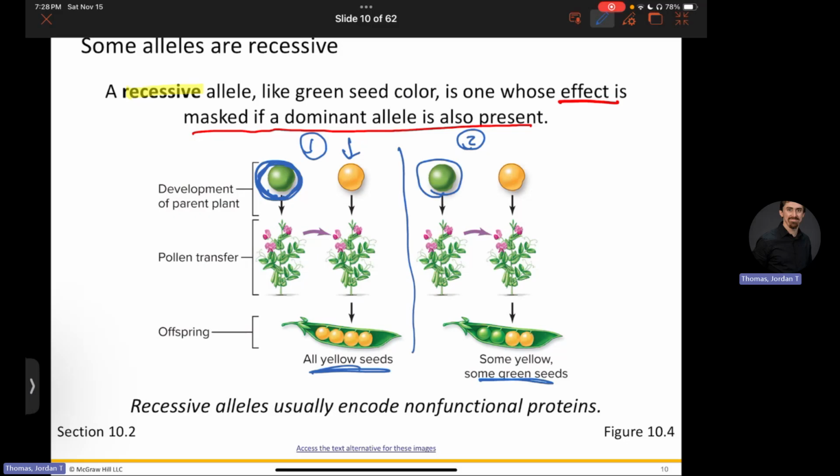So a recessive allele's effects will be masked by the dominant. The dominant always takes over. The only time you will see a true recessive trait is when the offspring has both recessive alleles. We'll see that in a second.